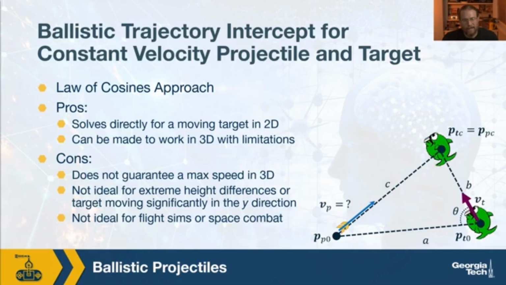And so if you had a flight sim or a space combat game, it's not going to be ideal for that. You could make it work by choosing the best plane in 3D to project on. So not always projecting onto X, Z. You might project onto, say, X, Y, or Z, Y, depending on where the game object that's launching the projectile is relative to the game object that is the target, and what's the closest plane that they're both moving in.